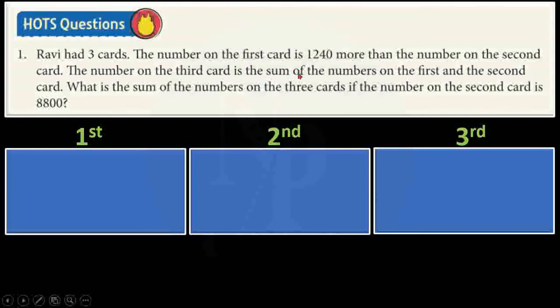So they are given indirectly through some hints. We need to find out the numbers on each card, and also finally we should find the sum of the numbers on the 3 cards. So let us find the numbers on each card here. Let us read this again. Ravi had 3 cards. Yes, we have 3 cards here.